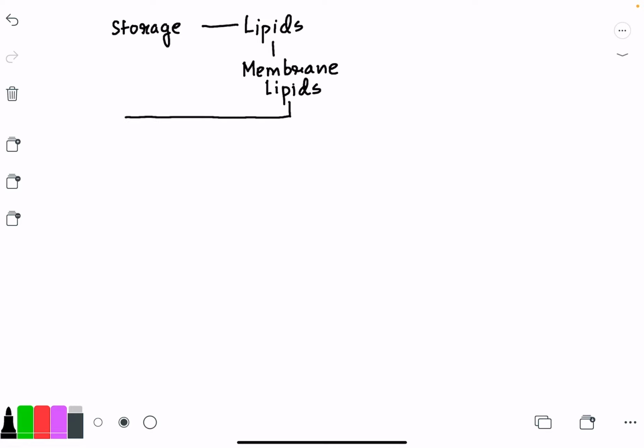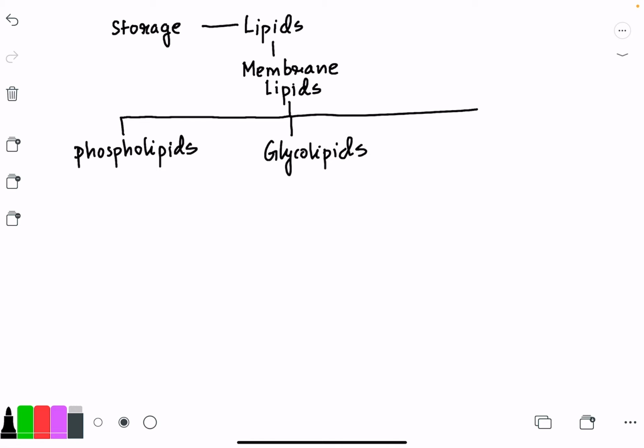They can be phospholipids, glycolipids, and archaeal ether lipids. Now these are the three main types, and each of these types I am going to explain separately.